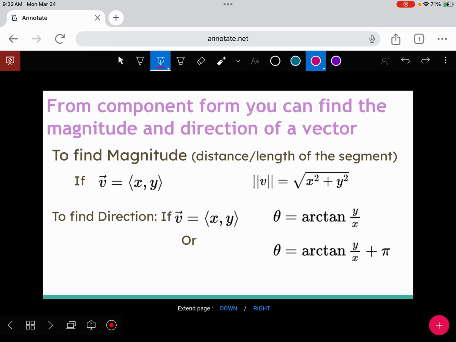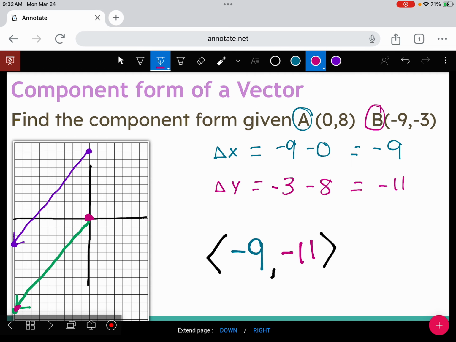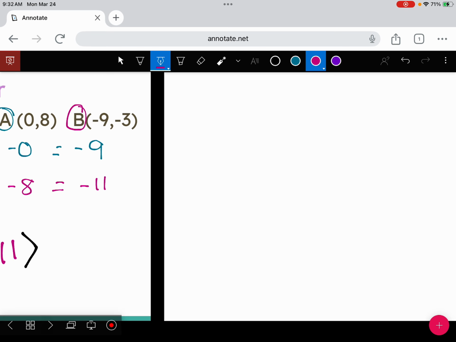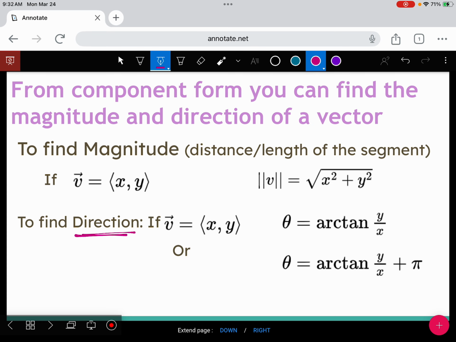Okay? So if we want to find the direction, meaning I could find my heading, I could find my bearing. I want to know, again, I'm going to flip back. If I want to know this angle, this is the angle we're talking about. Okay? So to find the angle, we have a trig formula.